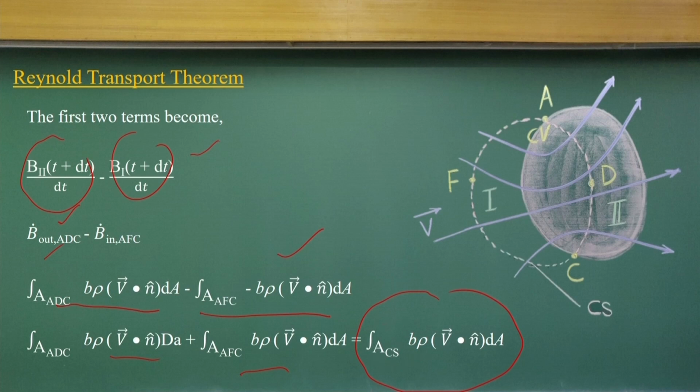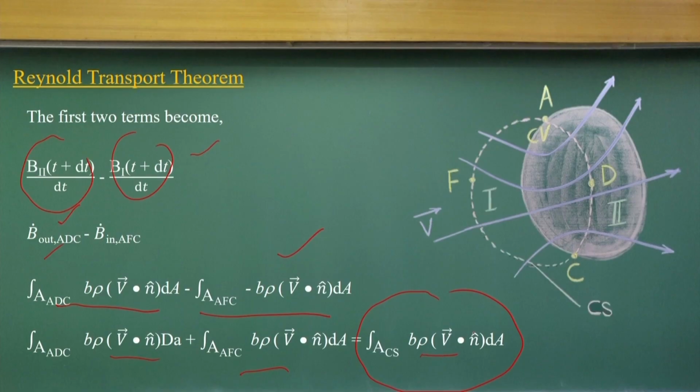That means the net outflux of mass, momentum or energy flux going through the system, either influx or outflux, but as you integrate it, it represents the net outflux going through this control surface.